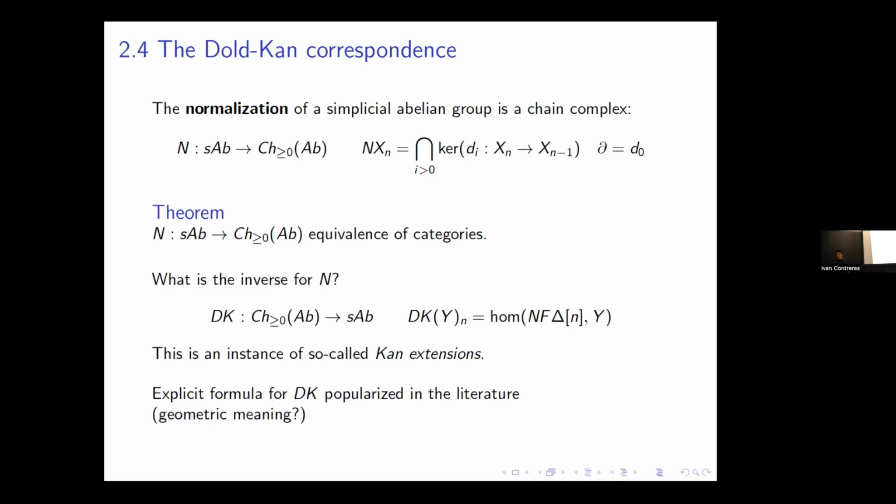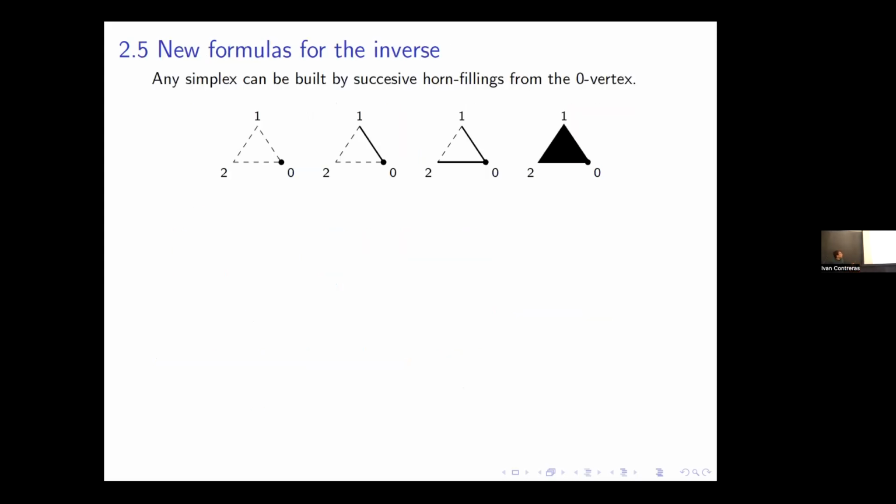But there are explicit formulas in the literature that, as far as I know, don't have a geometric meaning. We propose, using the horn filling approach, new formulas that I think are very meaningful.